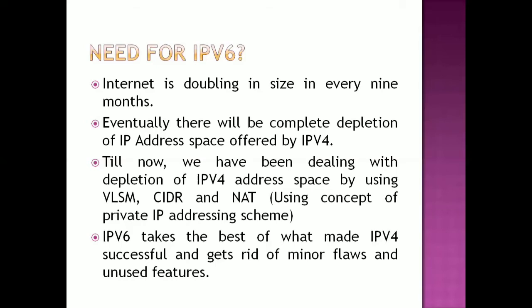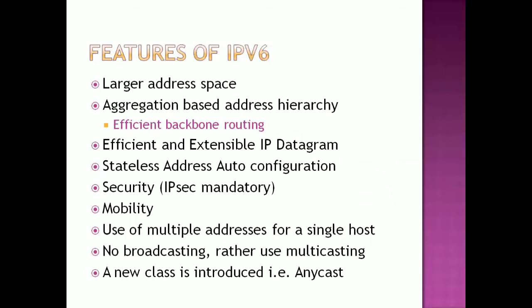With the help of IGMP messages, it informs the router that now I am a part of a particular multicast group, so any information which you send to that multicast group should also be sent to me. The IGMP protocol's task is now performed by the ICMPv6 protocol itself. So there are very large differences between the IPv4 and the IPv6 header formats. So these are the features of IPv6.